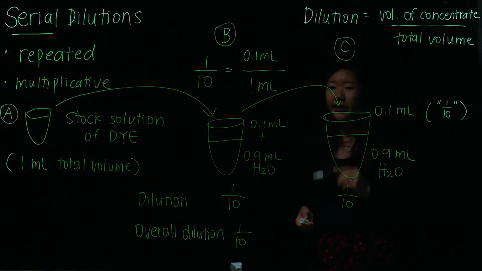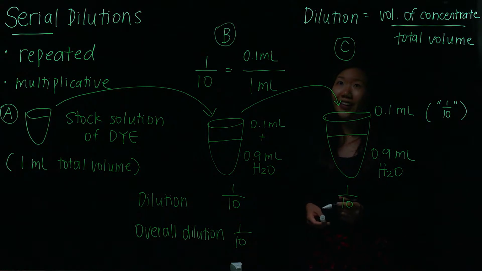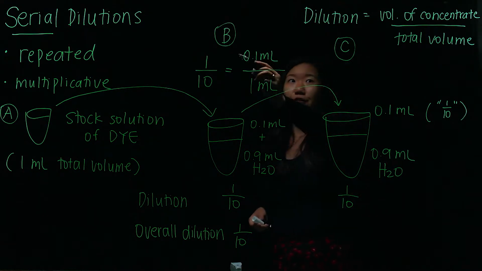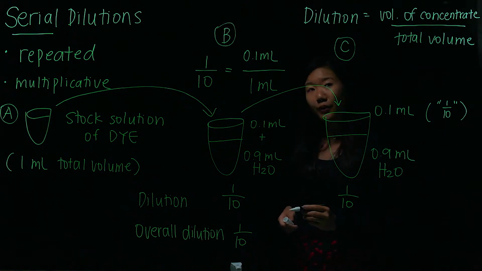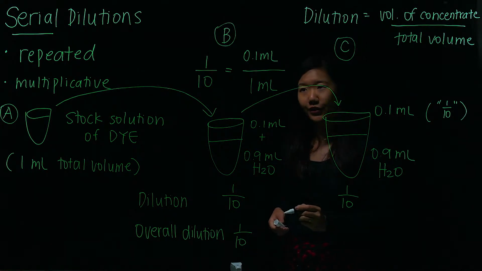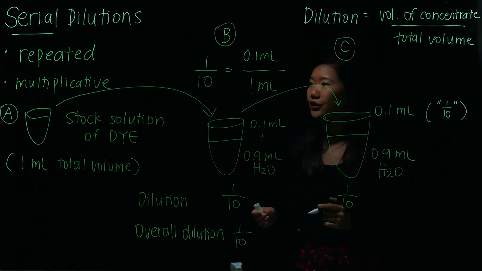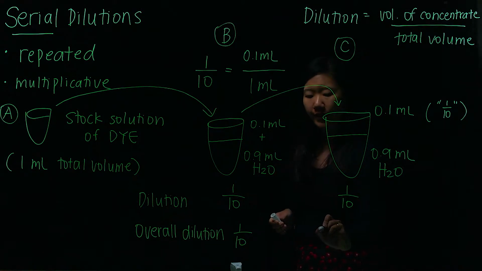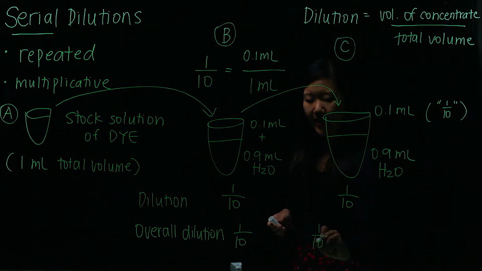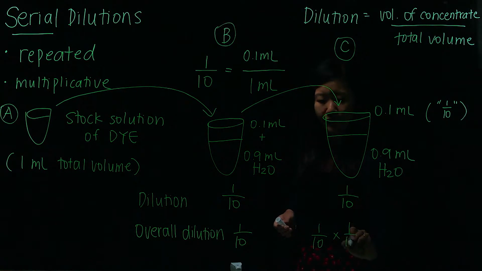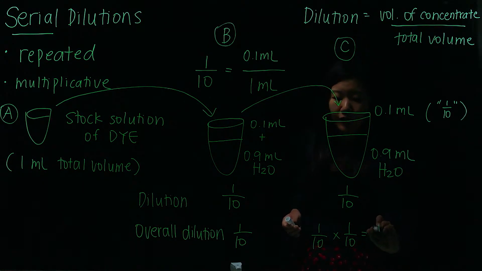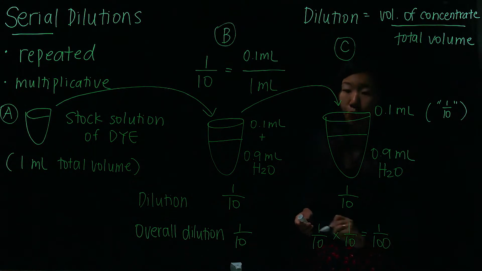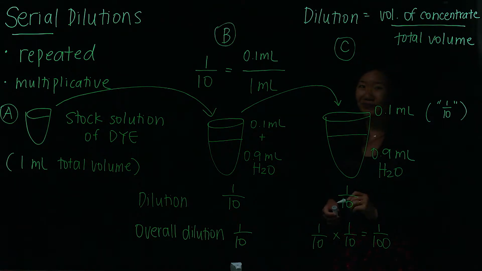From B to C, we've made another 1/10 dilution, but when we consider the overall dilution, these serial dilutions are multiplicative, and so the overall dilution would be 1 over 10 times 1 over 10, which is an overall dilution of 1 over 100.